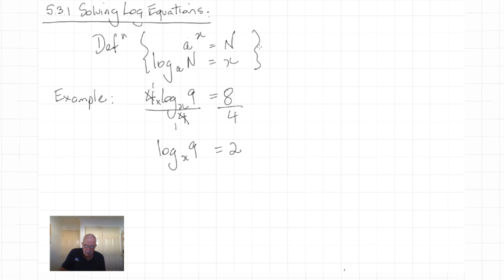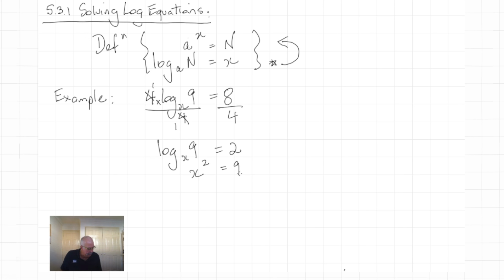Now, one way of looking at it is we've got the definition up here. We've got the log of a number to some base equals 2. So we can go from this line up to the first line. We can say that x is my base, to the power of 2 will produce the number 9.